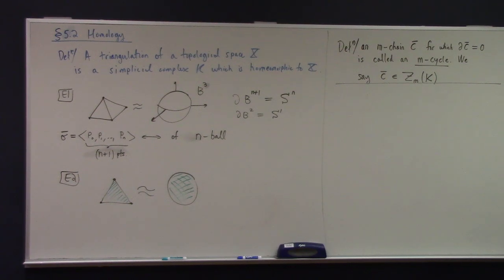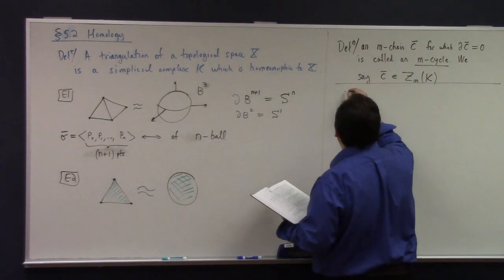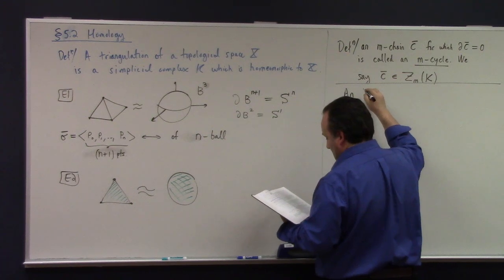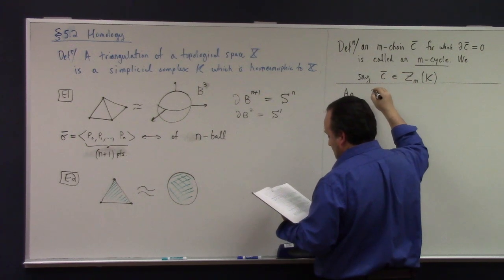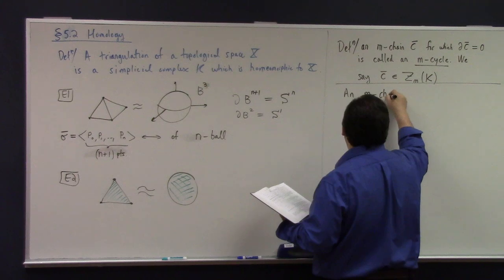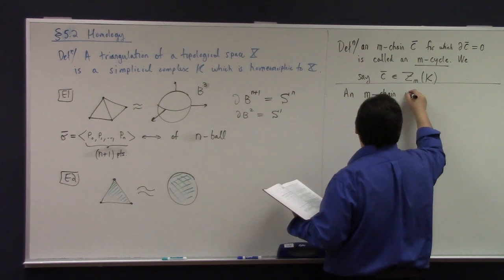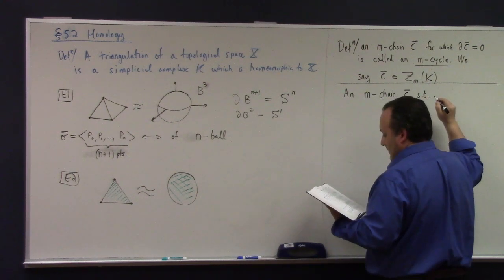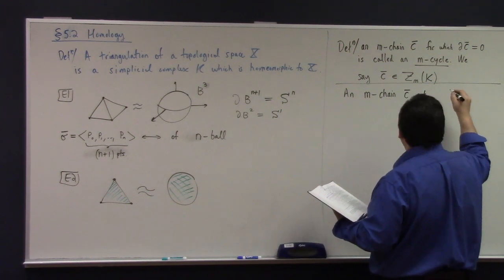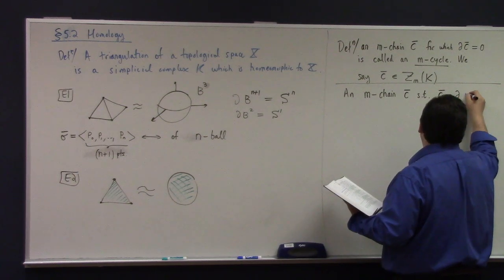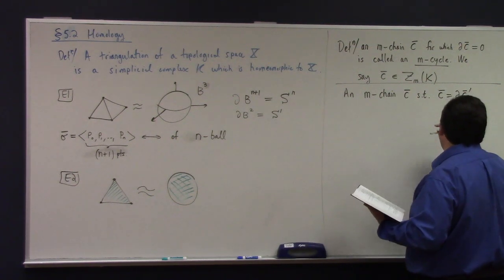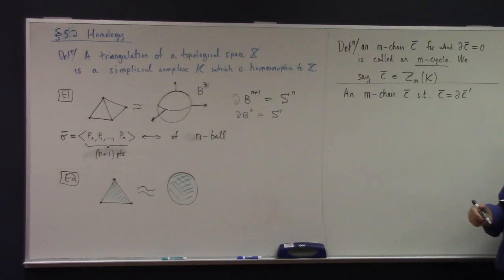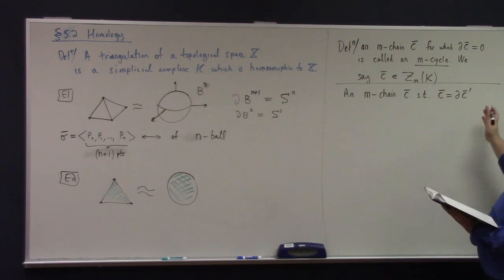On the other hand, next definition: an M-chain C-bar such that C-bar is equal to the boundary of C-bar prime. That's not a derivative, it's just another chain; maybe I should use a different letter, but I'll stick with what the book has.